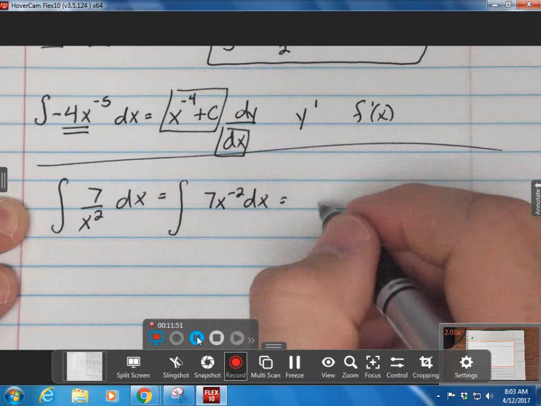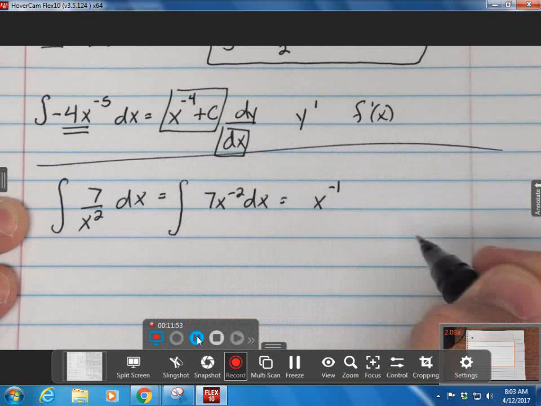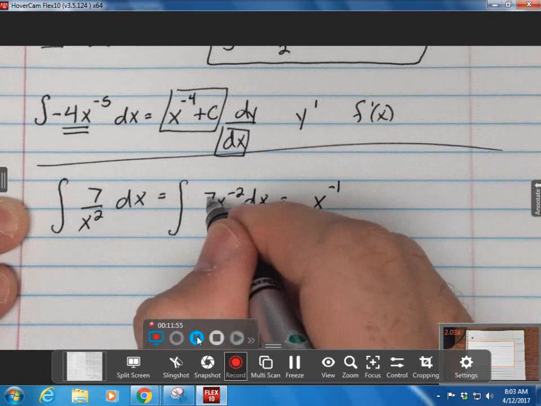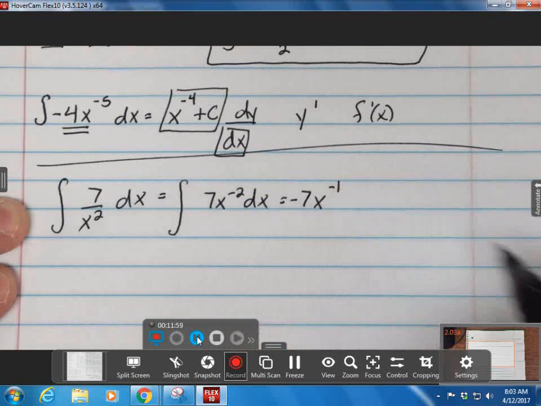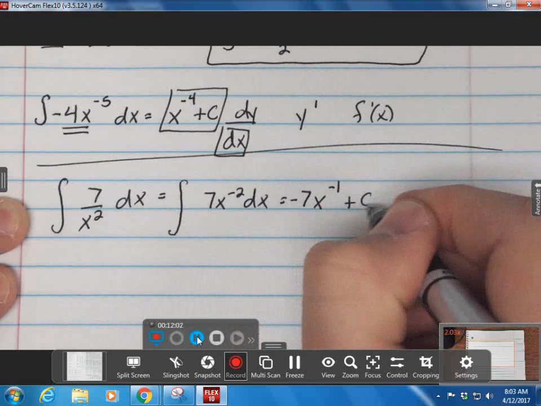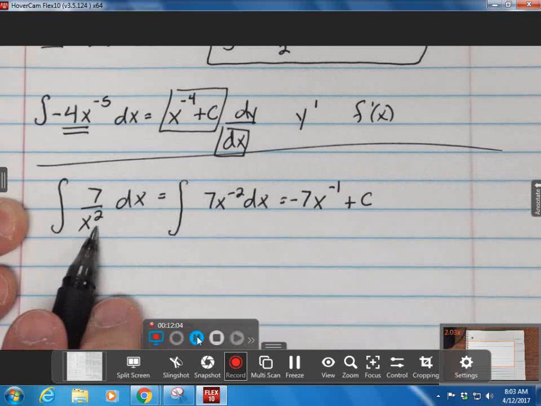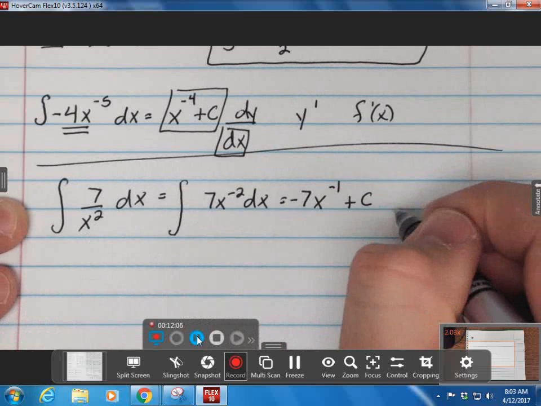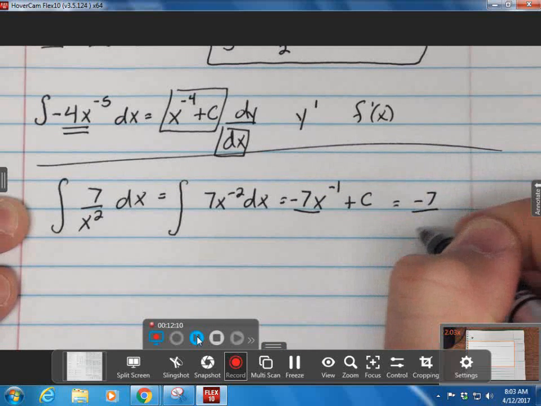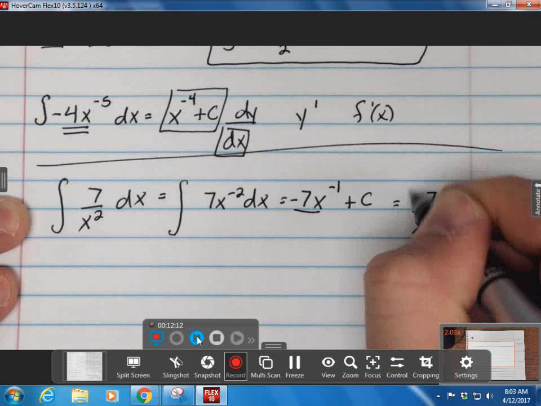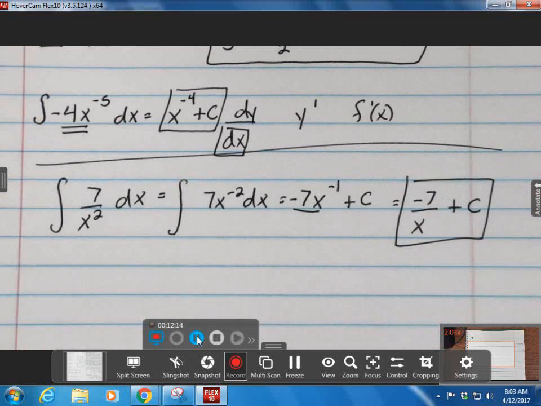Add 1 to the power, you get x to the negative 1. Divide by that new power, 7 divided by negative 1 is negative 7, plus c. And if you want to write it back like it started with a positive exponent, you can bring that x to the negative 1 back to the bottom. That would be negative 7 over x plus c, which looks a little bit better because now you have positive exponents.